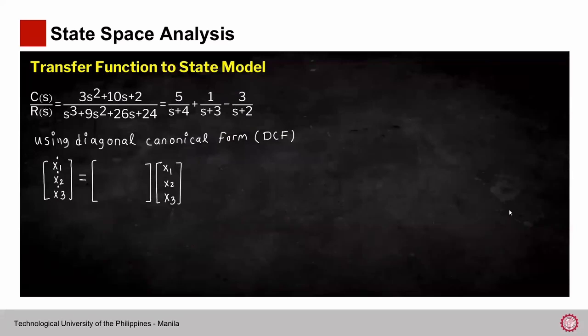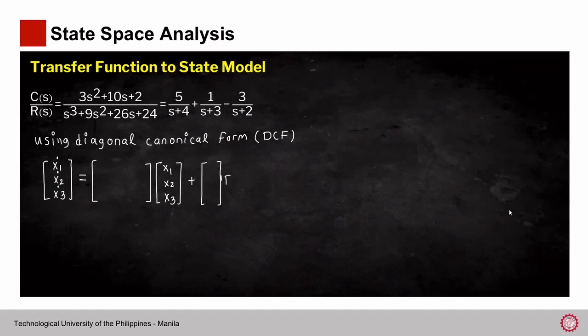Okay? And then we have plus, yung matrix B naman to. So, the inputs still are, so you put R here. Okay? We put R here.